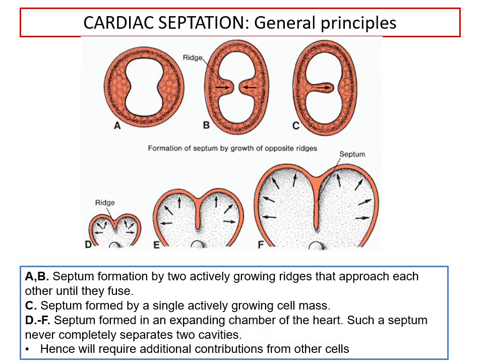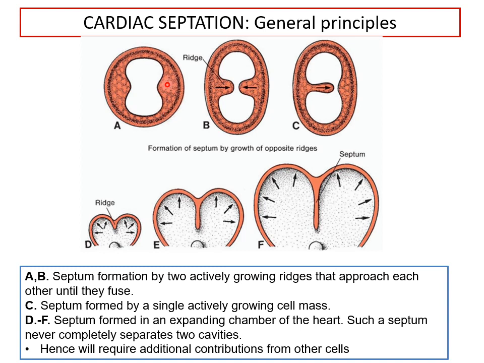Now we will look at partitioning of each chamber in sequence as we go along, but remember it's all happening simultaneously. So the principle of cardiac septation, or partitioning a chamber, is that when you have one chamber, you can try to partition it in various ways as shown here.